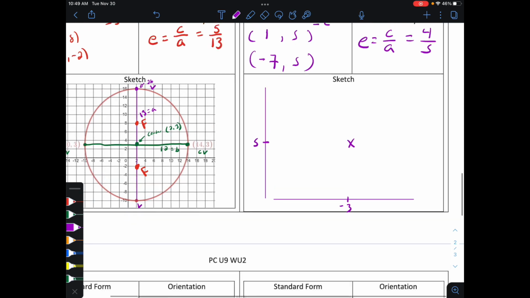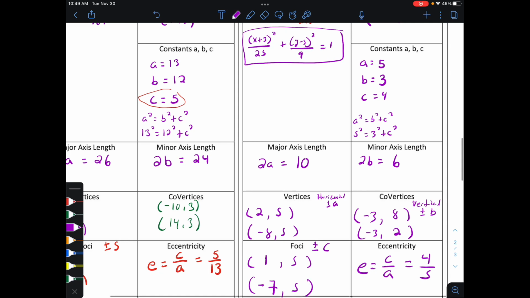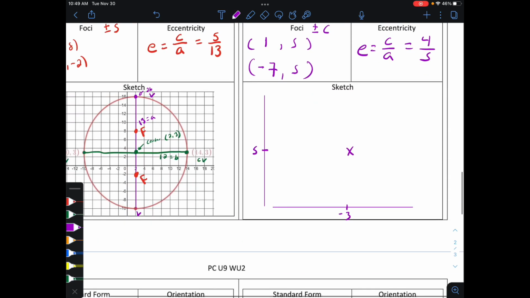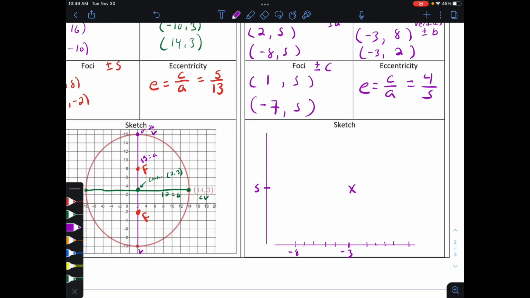All right, for me, X marks the center. Then I'm going to do my vertices. So 5 units along the horizontal in either direction. And then we're going to put our x values. So I got a negative 8, I got a 2. So here's a vertex, and here's a vertex.